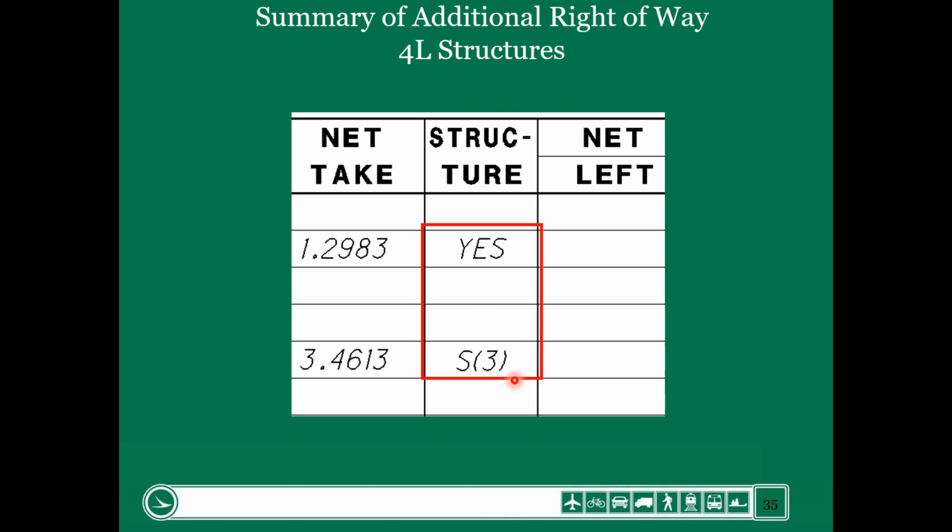So if there's a structure that's going to be involved, there's a yes in the column. If there is a privately owned sign, and the number 3 represents this situation where they had 3 privately owned signs that happen to fall inside of the take area. Okay, they're not encroachments. We'll go over that in a little bit. They're signs that are in the take area that we're going to have to compensate the property owner for.